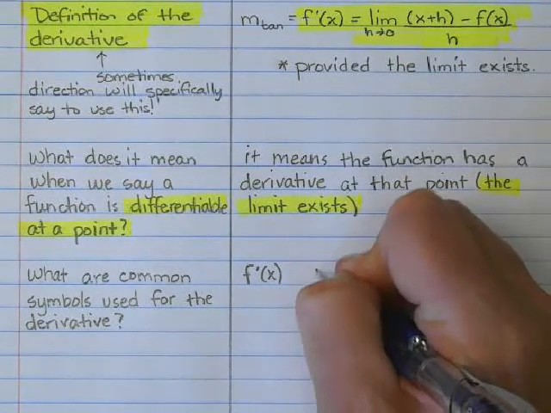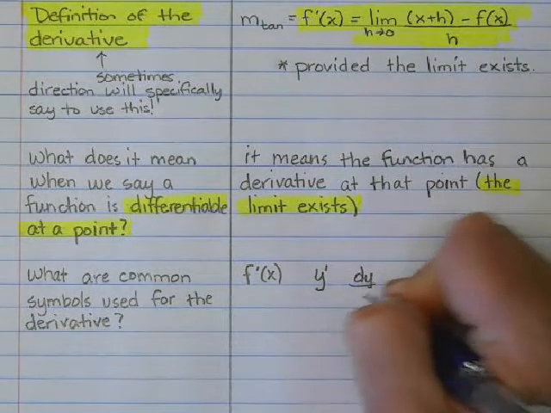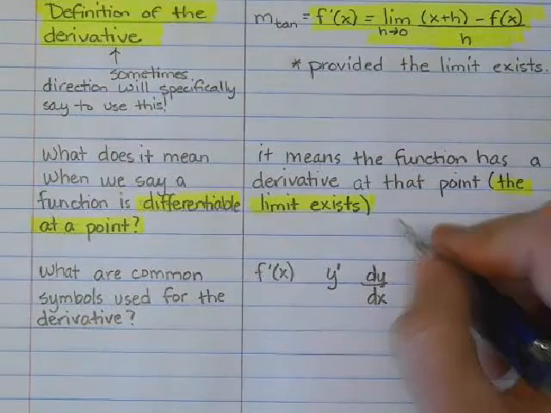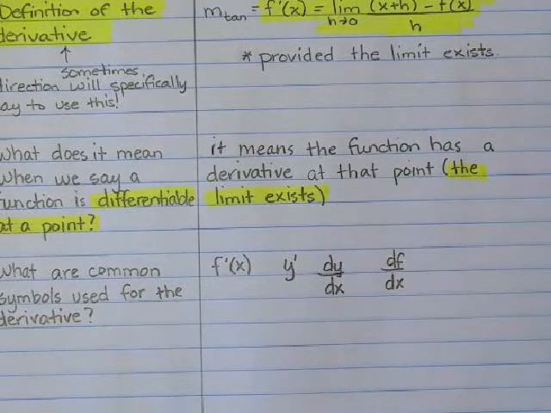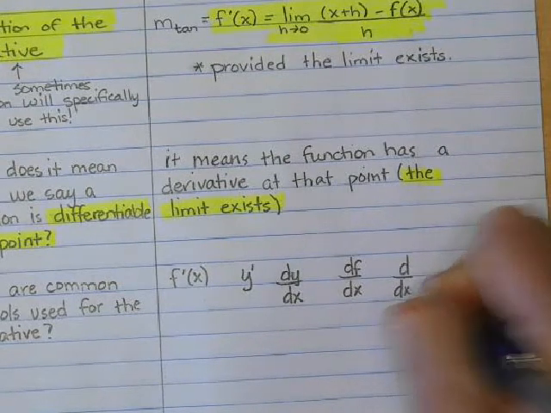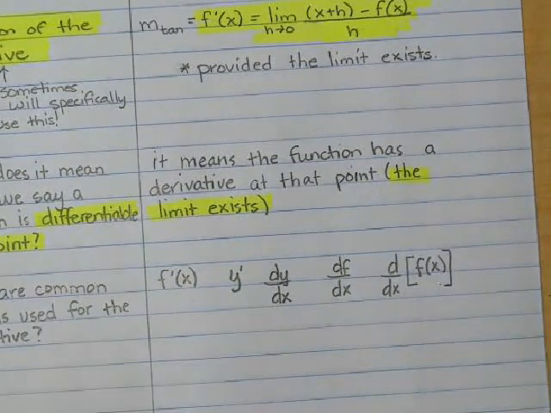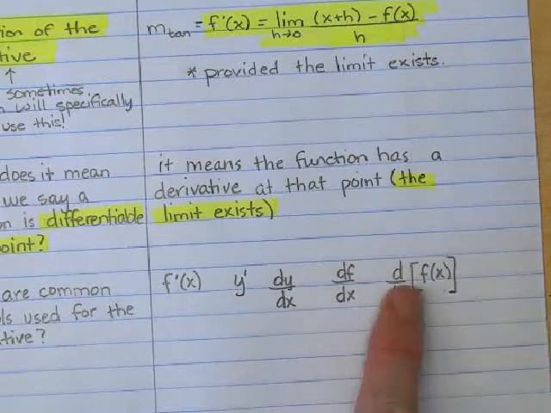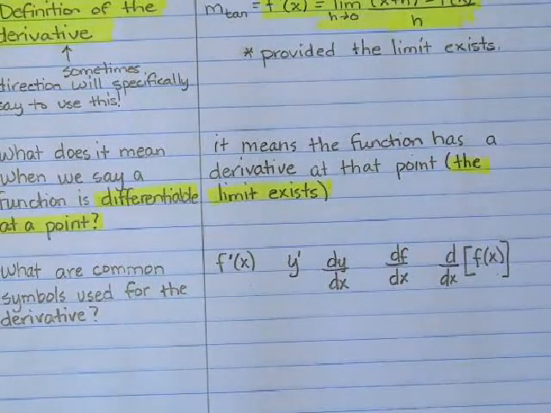I'm going to say the second most common is y prime. We also might say find dy dx. We might say find df dx, the derivative of the function with respect to x. And sometimes we might write d dx of f of x. All of these symbols right here are telling you to do that. So you just want to get those plugged in together, that they go together.